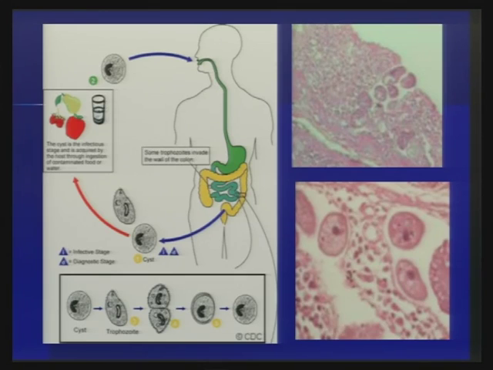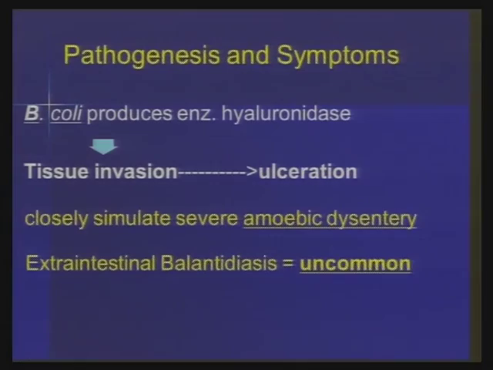Yes, very good. He said cyst is used for transmission, but infection occurs in the large intestine and the invasion is caused by this. You can take a look at the picture here.